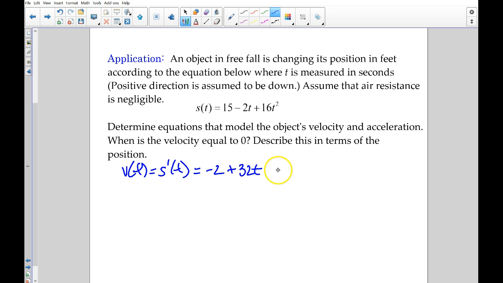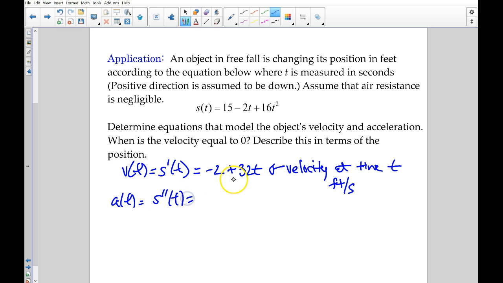Okay, so that is the velocity. This is a function that gives the velocity at time t, and the units for this would be feet per second. Similarly, acceleration is the second derivative of position, meaning that I have to take the derivative of the velocity function that I found, which is just 32.